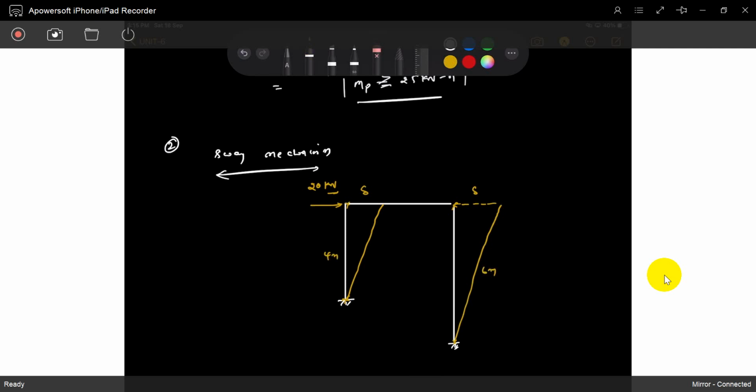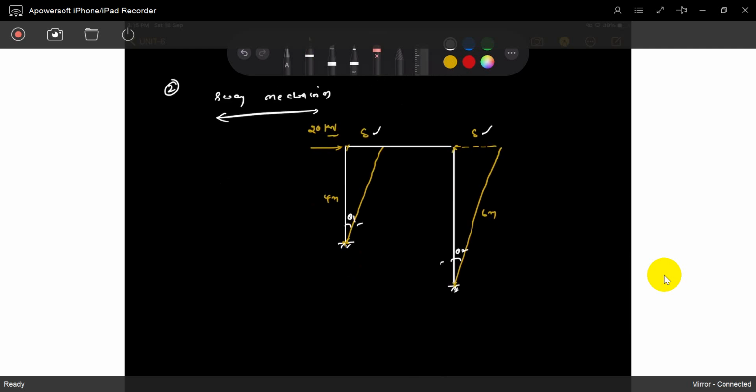Now you can feel this theta is different from that theta, because the same delta applies to different lengths, so automatically these thetas are different. This is theta 1, this is theta 2, and there is also formation of hinges.